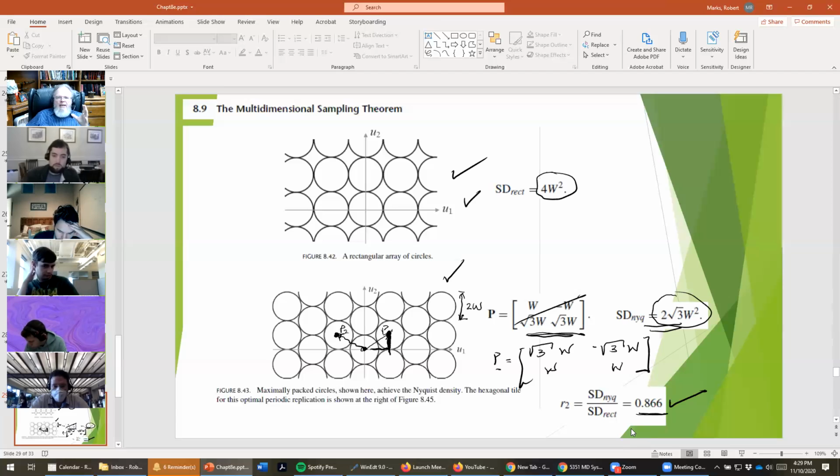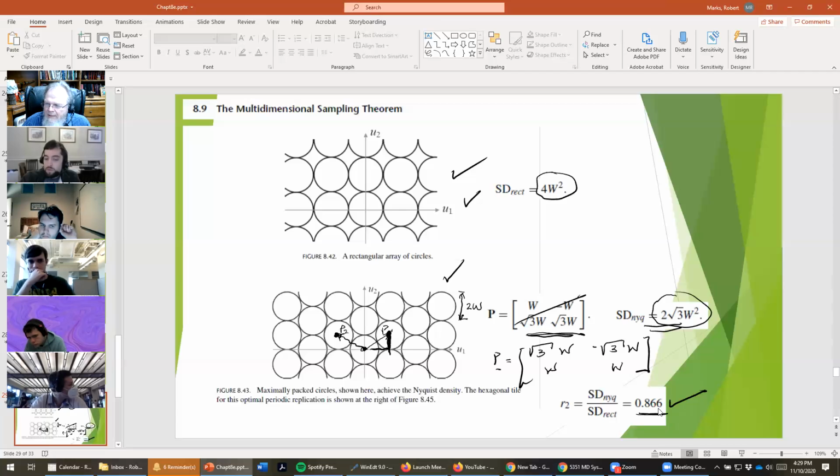The hexagonal packing reduces the number of samples that you're going to have to take by 87%. Oh, I thought that was, you multiply it by 0.866. So yes, if we do like 13%.